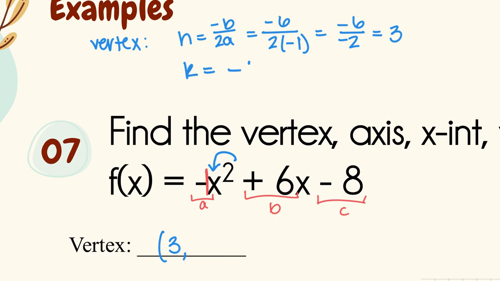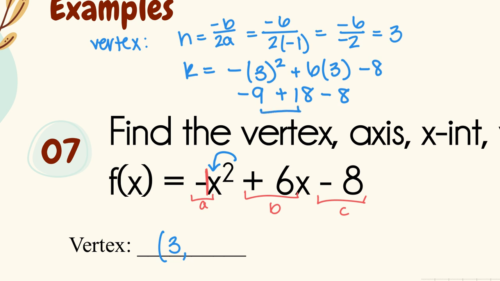So I'm going to put parentheses around my 3, and that's what's being squared. +6 times 3 minus 8. So going ahead and solving it, negative is going to stay there, only the 3 is being squared. So I'm going to have -9 plus 18 minus 8. I'm going to go ahead and get 9 minus 8, which gives me a +1.